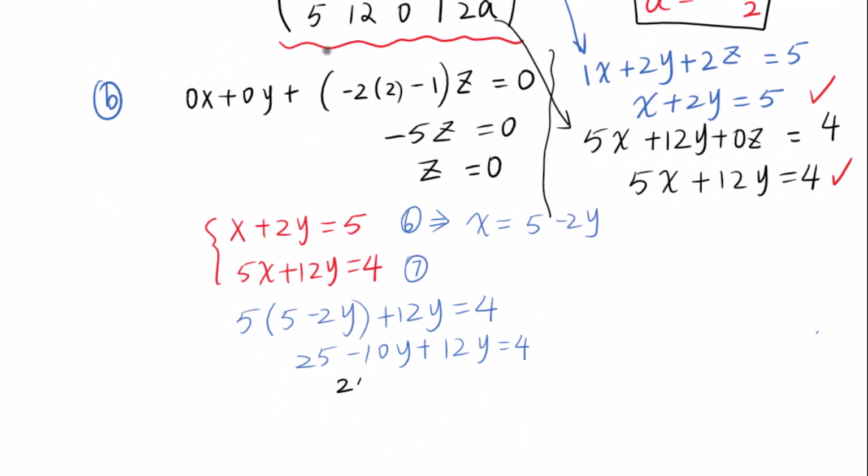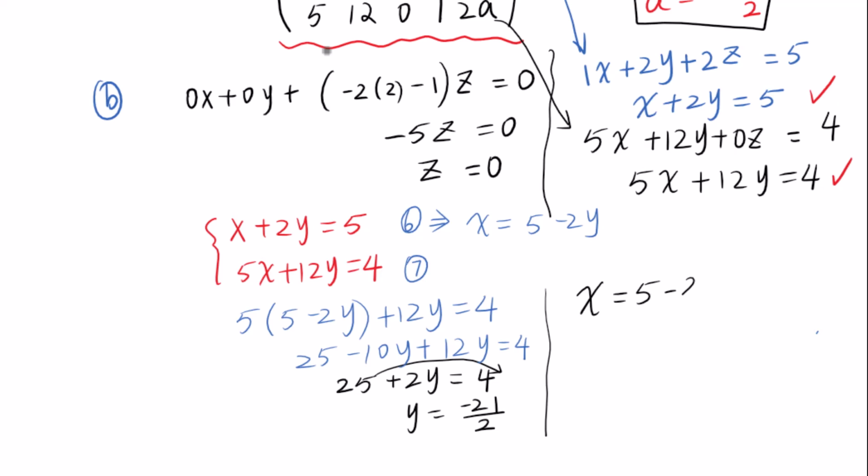Combine like terms, 25 plus 2y equals 4. Minus 25 on both sides, y equals negative 21 over 2. So x equals 5 minus 2 times negative 21 over 2, which equals 26. The solution to this system of equations is 26, negative 21 over 2, 0.